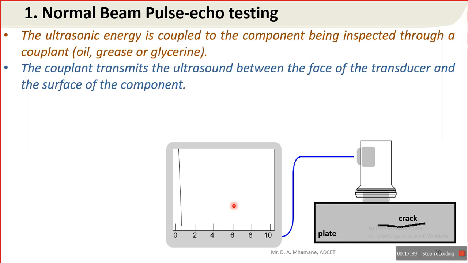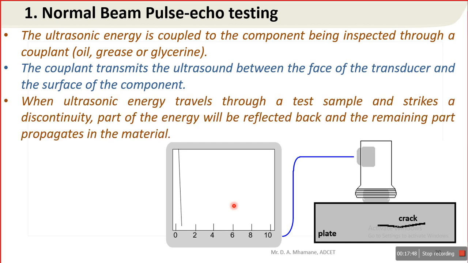Means the couplant replaces the presence of air in between the transducer and the component. So when ultrasonic energy travels through a test sample and strikes a discontinuity or the extreme end, part of the energy will reflect back and the remaining part propagates into the material.